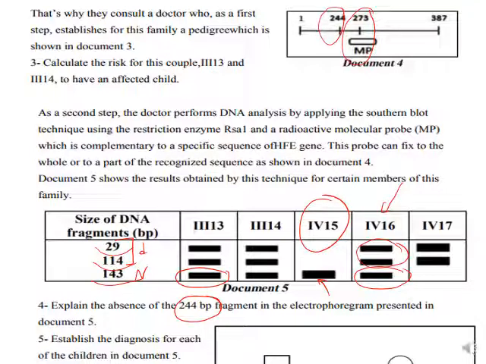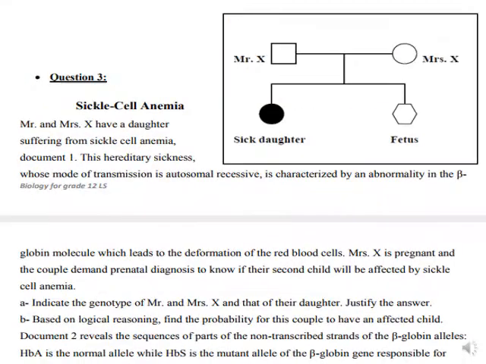So it's heterozygous, but he is normal. However, 17 shows 2 thick bands in the affected. So this is recessive, homozygous. She will be sick after the age of 40 years. Hence, among the children, all of them are normal except for this girl, 17, who will be affected or sick after the age of 40.